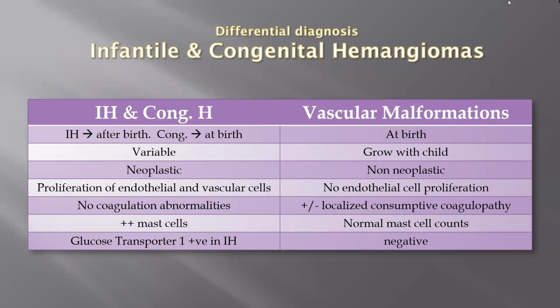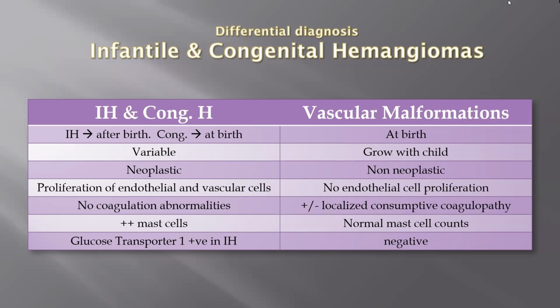That's why in infantile and congenital hemangiomas, we see a proliferation of endothelial and vascular cells, but this is not evident in vascular malformations. In infantile and congenital hemangiomas, we see no coagulation abnormalities. However, this may happen in some vascular malformations. There is increased mast cell count in infantile and congenital hemangiomas, but this is not found in vascular malformations.